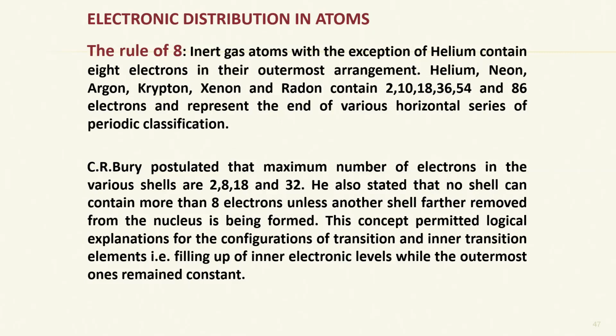So, helium has only 2 electrons, that is by nature, but after helium the next element to have 8 electrons in the outermost orbit is neon, and then comes argon, then krypton, xenon, radon, etc. They all have 8 electrons in their outermost orbit, that is, the total electrons would be 2, 10, 18, 36, 54 and 86.